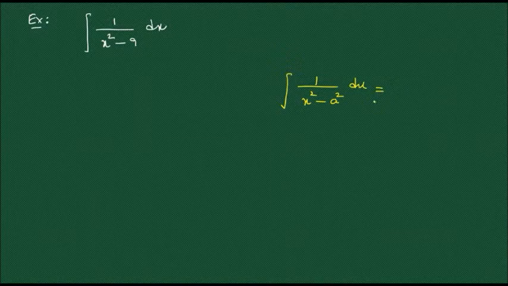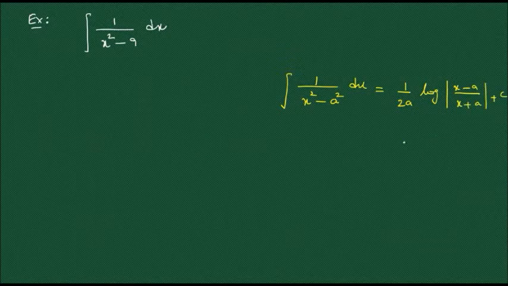So what is the output of this? It is 1 by 2a log of (x minus a) by (x plus a) plus c.